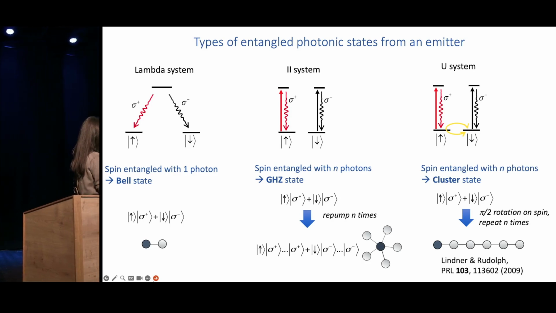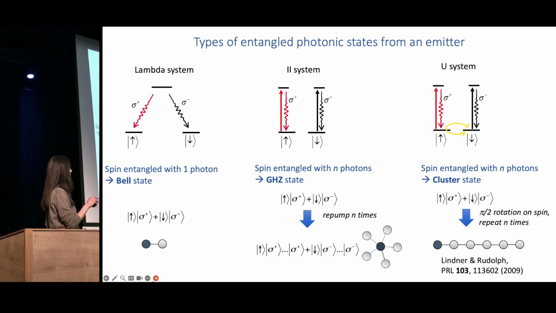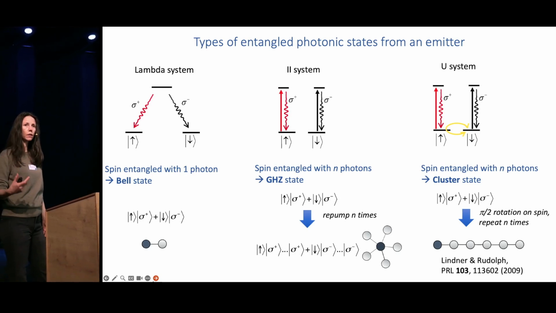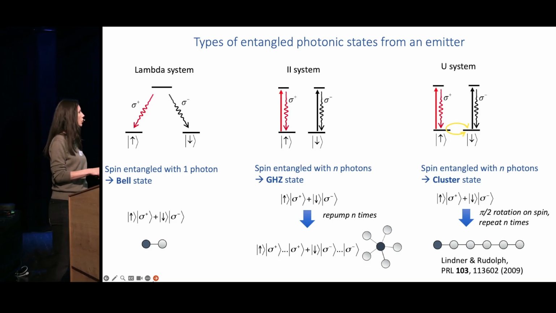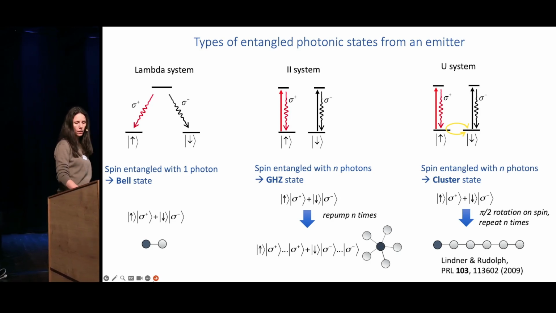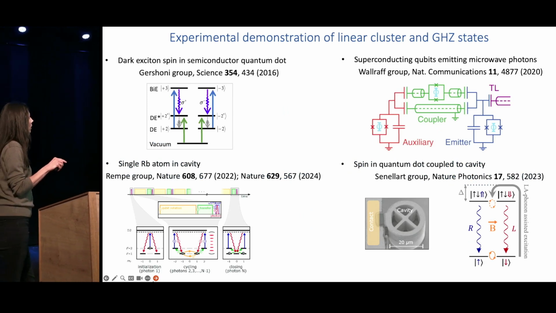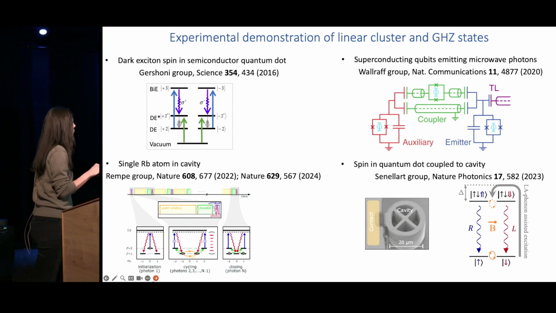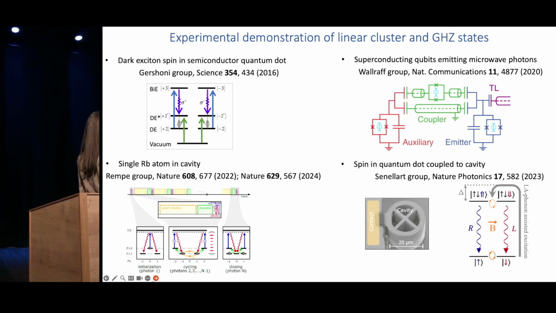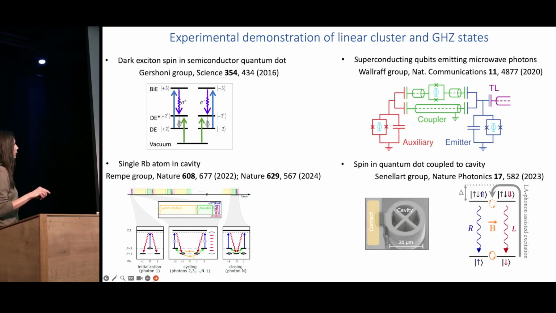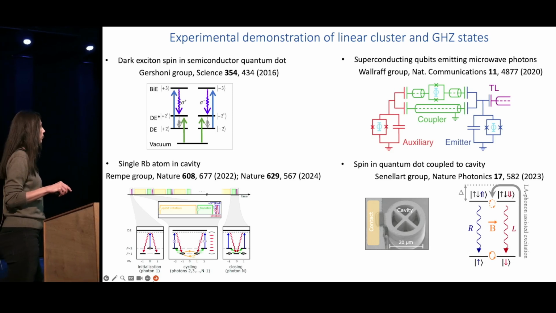There's been a lot of interest in the community on how I can use matter qubits that in principle emit photons deterministically to create interesting states like this. And there's been a lot of experimental activity. There's an early experiment by David Gershoni's group using quantum dots. There's also interest from the microwave community, superconducting qubits.